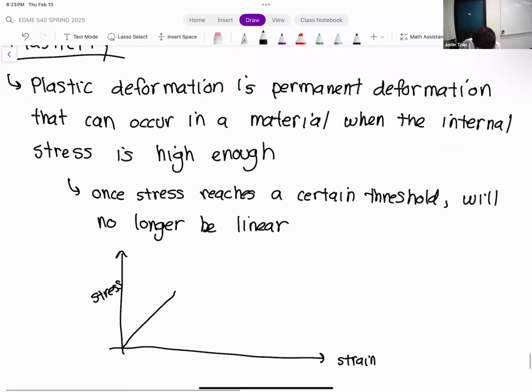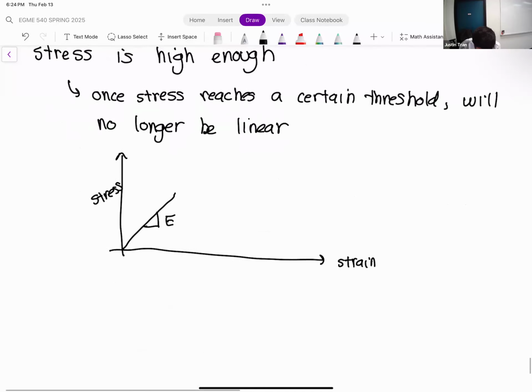The slope of this curve is E. If you're in that linear regime, the assumption is that if you release the load, then your material or your model will relax to its equilibrium, or resting, state.